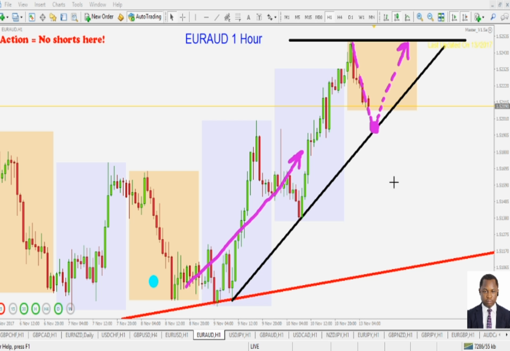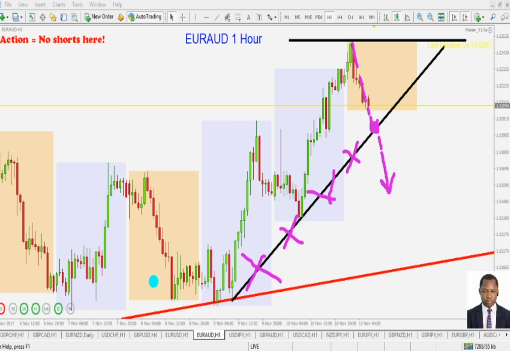Or we are going to get a breakout to the downside, price coming here and pushing down, terminating this trend. Then we might also find price giving us a momentumless breakout here, a breakout, then moving sideways without taking any direction for the rest of the day.